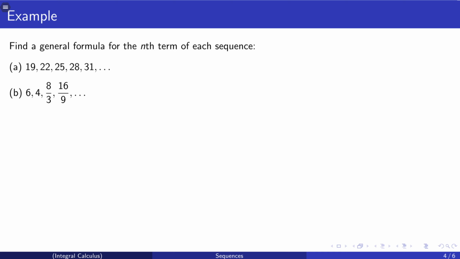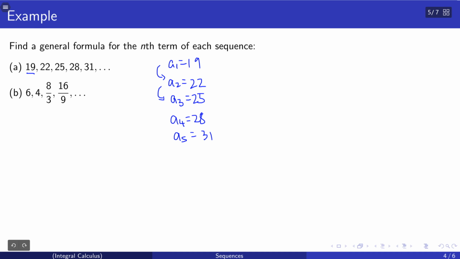Well, let's look at what's happening here. In the first sequence, in part A, we're starting with 19. That's a1. a2 is 22. a3 is 25. And you'll notice that each time we increase the index by 1, from term to term, what we're doing to the number here is adding 3.